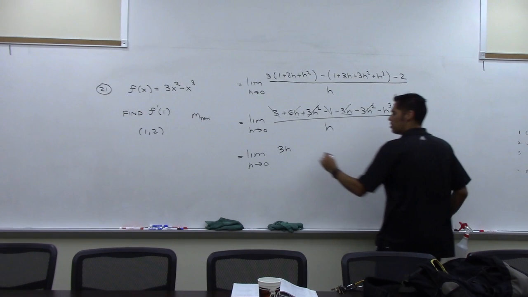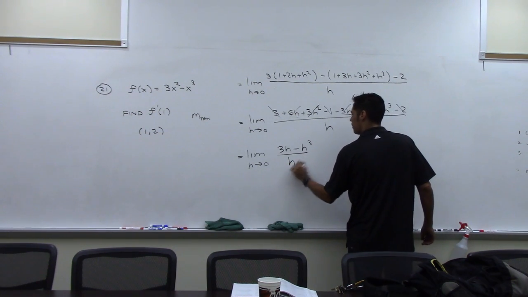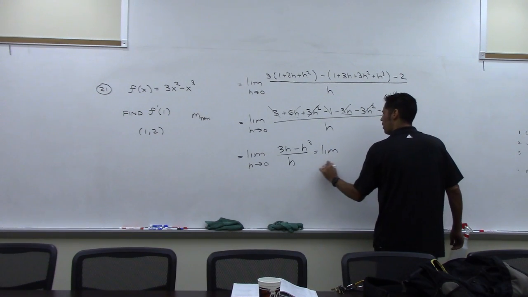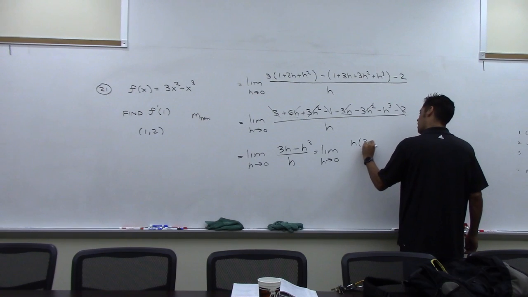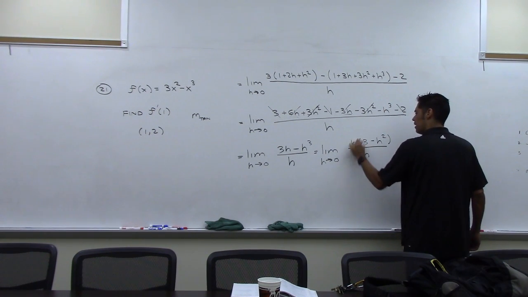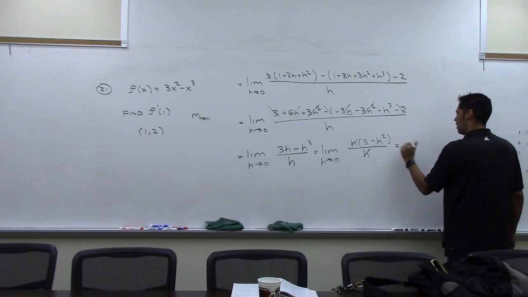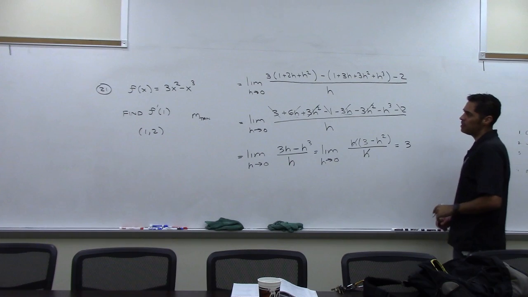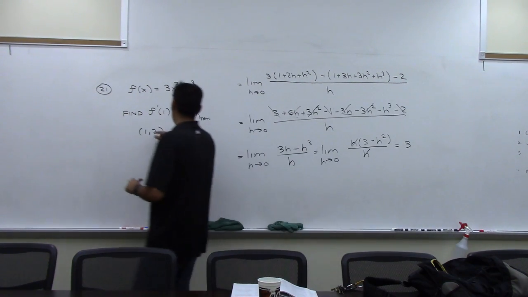And then I have minus h cubed, all of that over h. Factor an h out of the numerator. So h, and then 3 minus h squared, and then over h. Cancel. Let h go to 0, and that goes away. We get just 3.